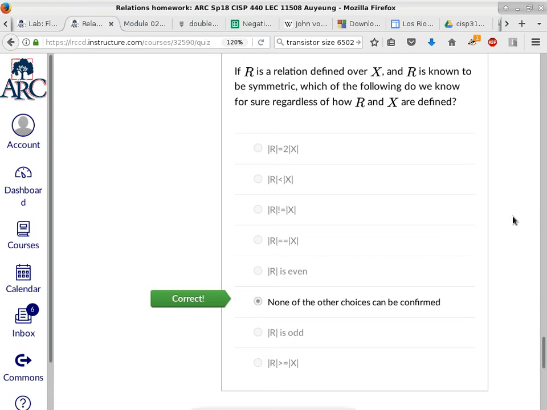Because remember, R has to be a subset of X multiplied by X. So if X is an empty set, then the Cartesian product of X and itself is also an empty set. And because R has to be a subset of an empty set, R has to be an empty set as well.